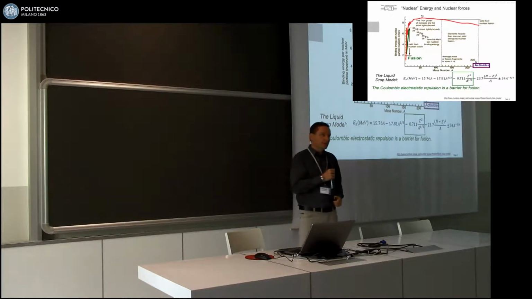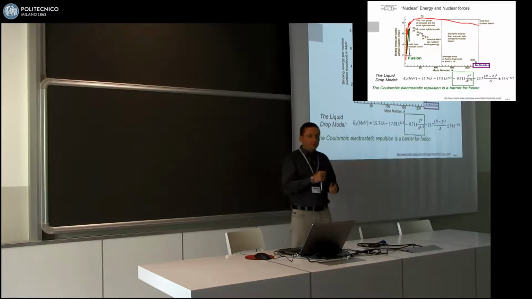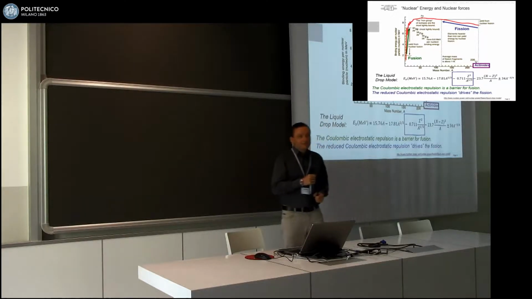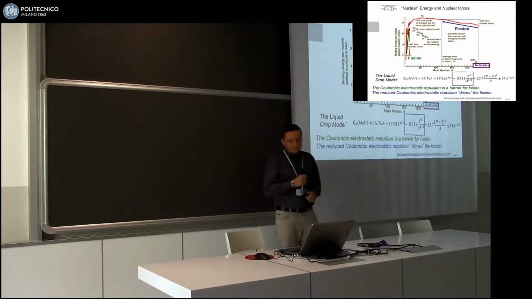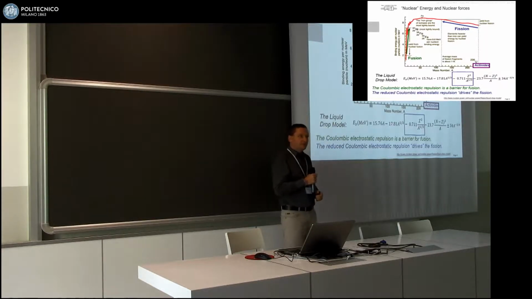One is fusion, and the biggest issue of fusion is that there is a Coulombic electrostatic repulsion, so you need to overcome this repulsion. Or you can do fission, and in case of fission, it's the opposite. The Coulombic electrostatic repulsion is the main source of energy. This is the force which accelerates the fission products and produce the energy, actually. So it's actinides, what is fissile, and which can produce fuel.